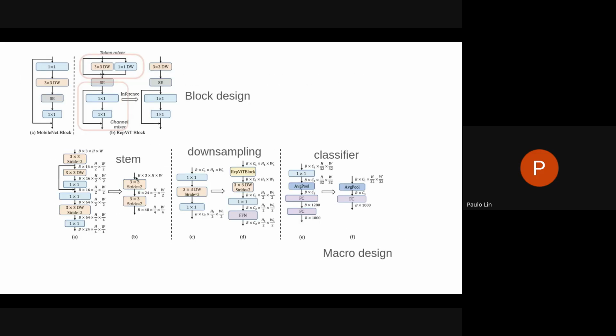For instance, here they modify the original mobile block to divide how tokens are mixed and how channels are mixed. This is within the MobileNet. So basically, they change the block design of the original MobileNet, and also they change how these blocks are pipelined within the whole architecture.